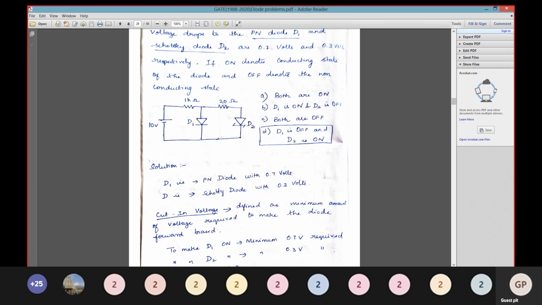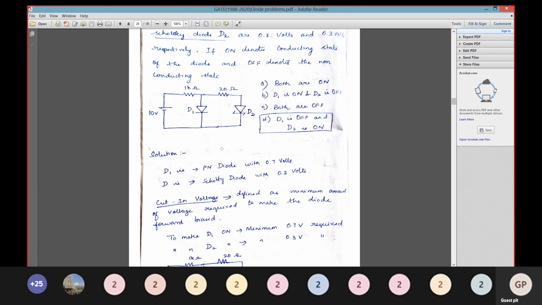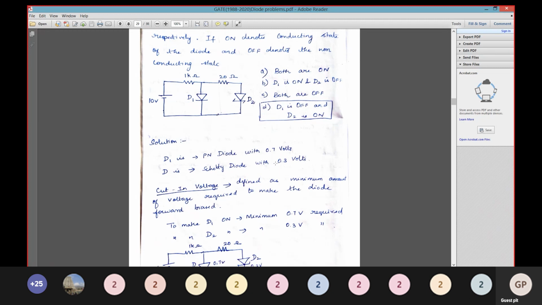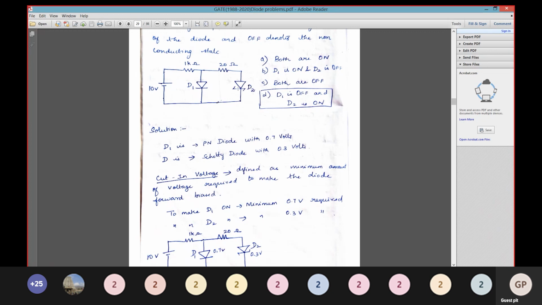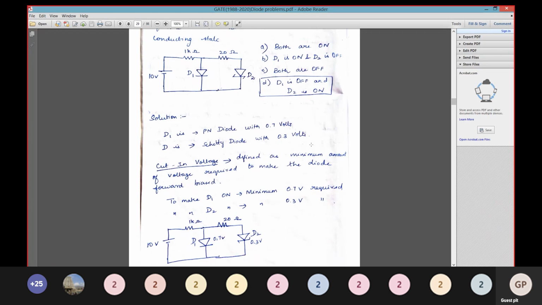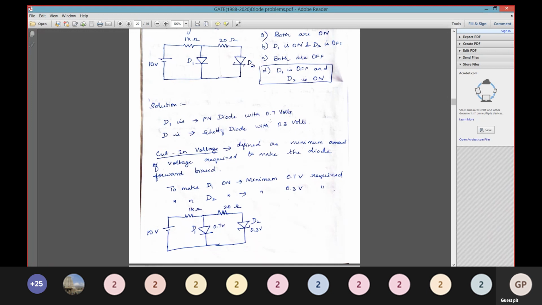Let us solve this problem from the given data. D1 is a PN junction diode with a cut-in voltage of 0.7, and D2 is a Schottky diode with a cut-in voltage of 0.3. What is the meaning of cut-in voltage?